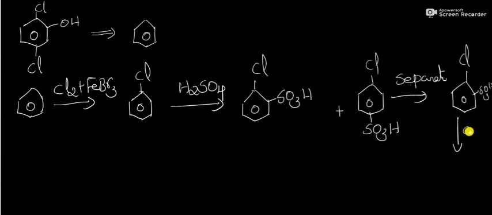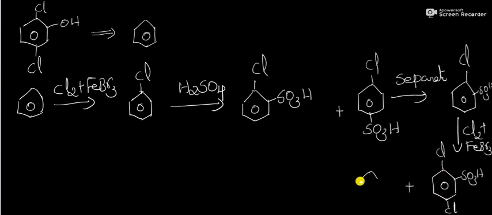Again on chlorination in the presence of FeBr3, it will be converted into ortho and para chloro substituted products. This will be one product, and this is our para substituted product, and we get the ortho substituted product.